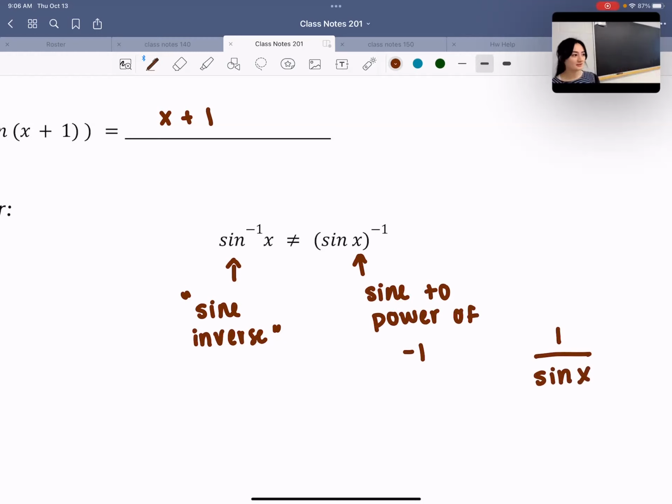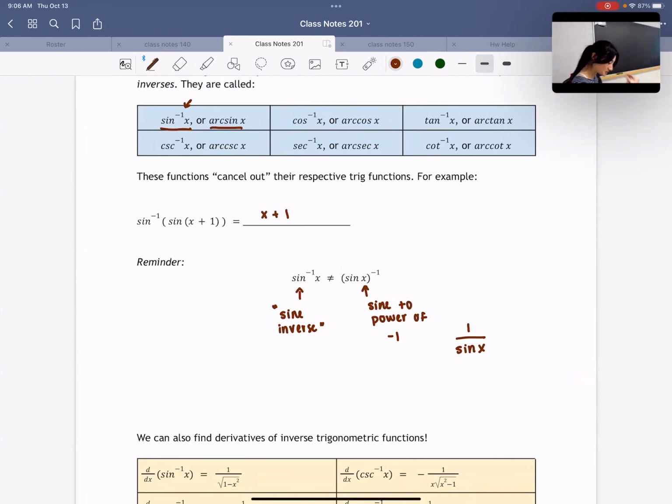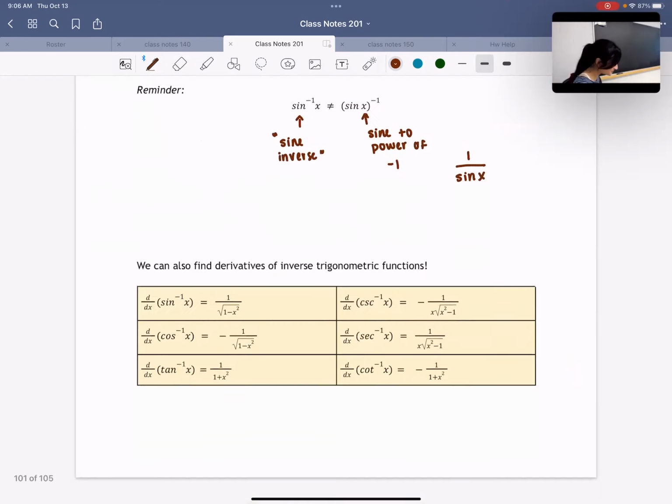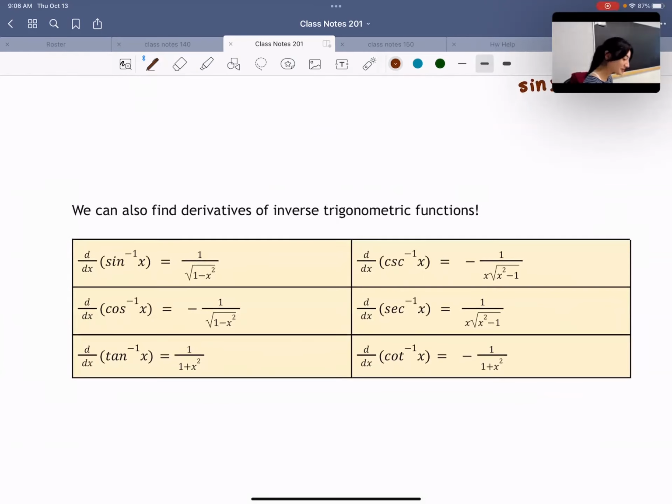Okay, just the difference between the one on the left and the one on the right, they don't mean the same thing. Taking sine to a power looks a little different than sine to the -1. Because we can find the derivatives of sine functions, we can also find the derivatives of inverse trig functions. And there's a lot of them, and I know it looks a little crazy.